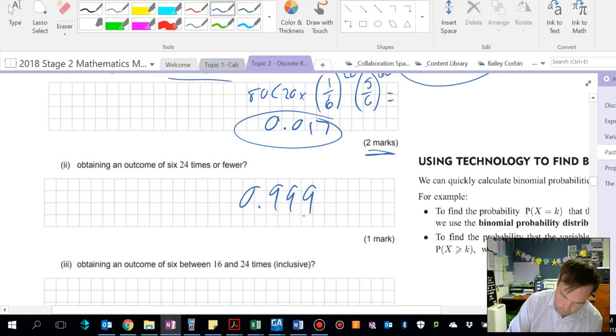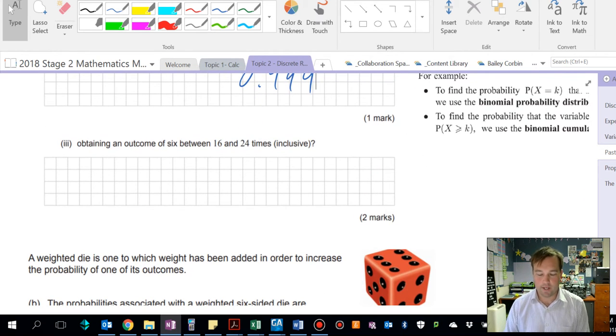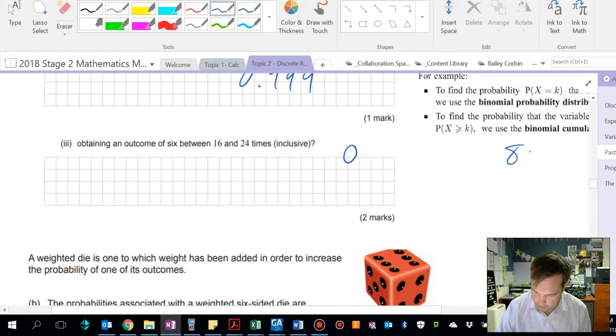0.999. What is the probability of obtaining a 6 between 16 and 24 times, inclusive? If you think about the possibilities here, we have 0 all the way up to 80, and we're looking for the probability of hitting between 16 and 24.